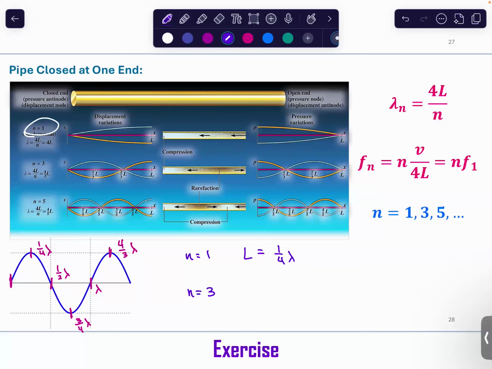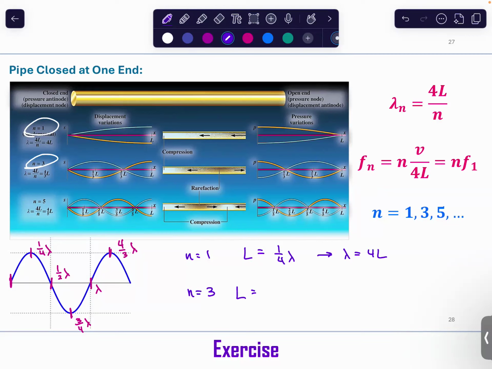I'm going to skip and go to n equals 3. So that right there, at L, how much do we have? So this one here, go to lambda, is for L. So what is L?